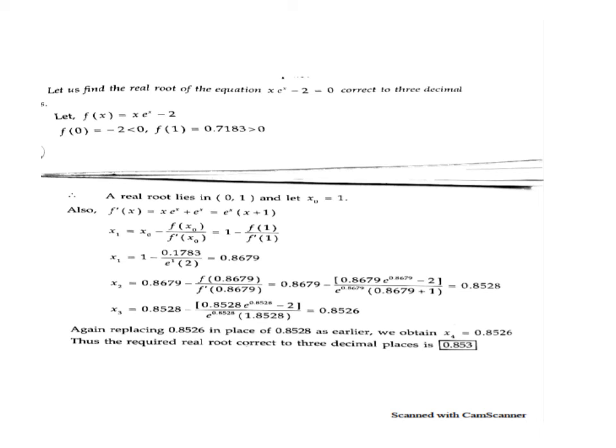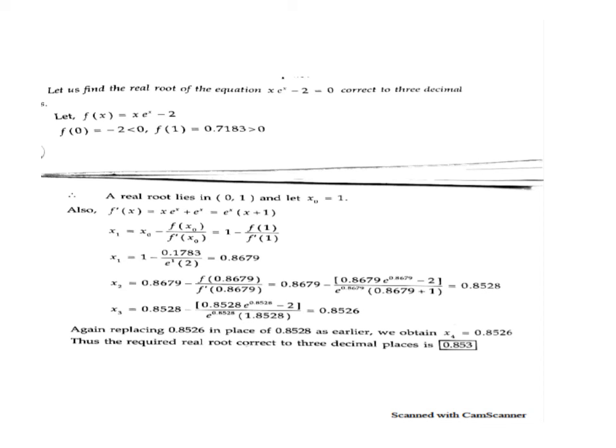There is a printing mistake here, okay. The derivative is e^x (x + 1), so put the value of x in this: e^1 and x is again 1, 1 plus 1 is 2. On simplification, the value of x1 is 0.8679.